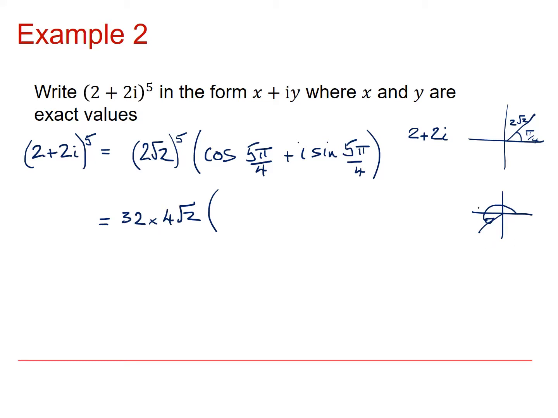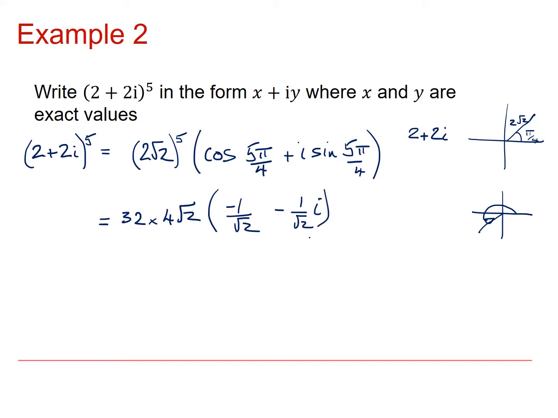So in fact, both cos and sine will be negative, and they're the same as the cos and sine of pi by 4. So they're both 1 over root 2, but they're both negative. So this is going to give me minus 1 over root 2 minus 1 over root 2 i.